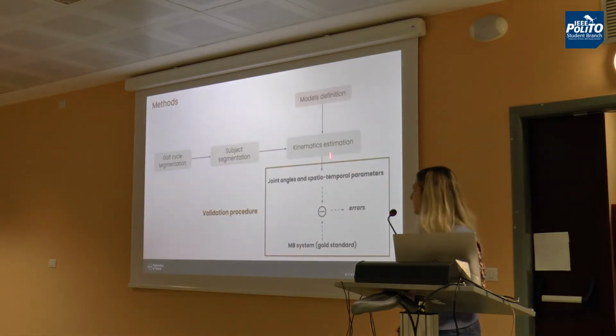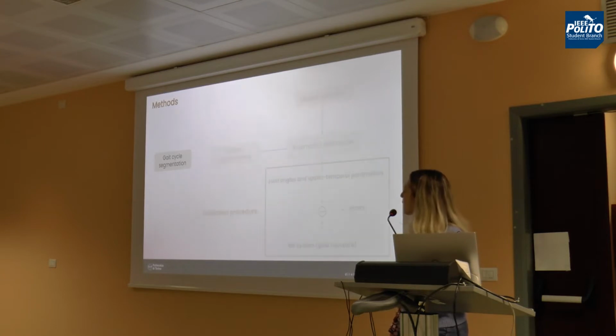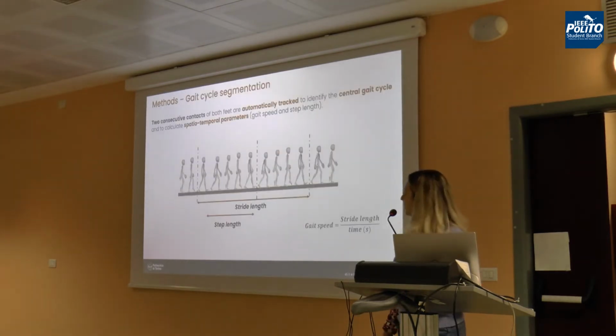This is the entire flowchart of my process, in which the first step is gait cycle segmentation. This step aims to identify the central gait cycle in order to calculate some spatiotemporal parameters, for example the stride length, the step length, or the gait speed of the subject.